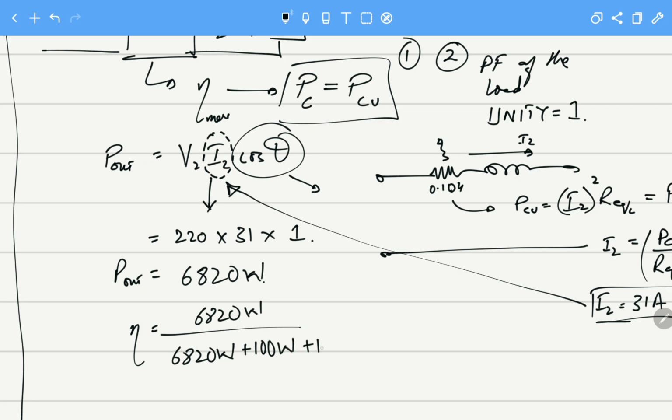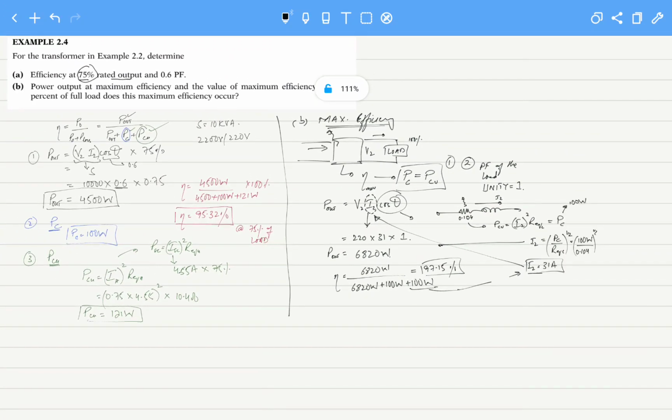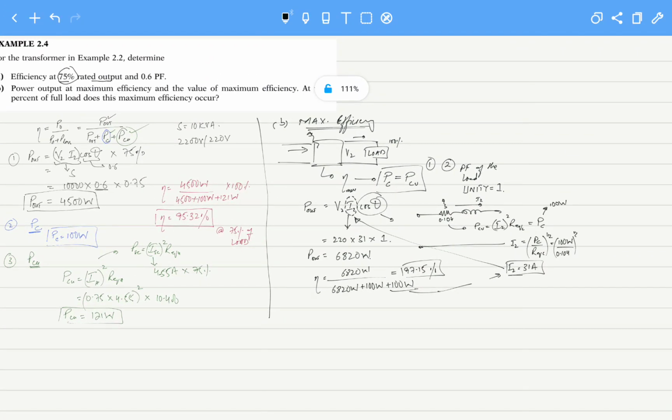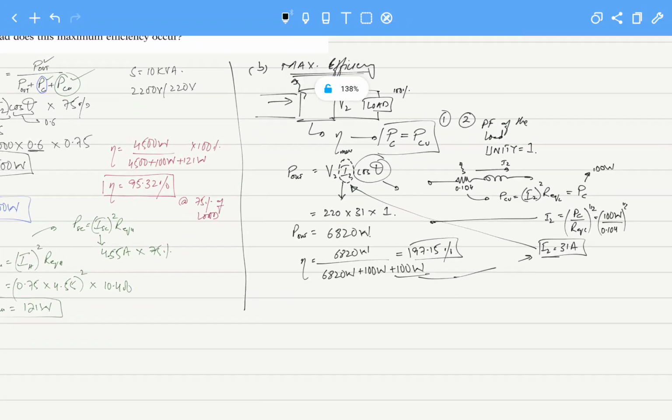Core loss is 100 watts, and copper loss is also 100 watts. Why is this 100 watts? We have calculated the current at which it will be 100 watts. And this becomes 97.15%. So this is 97.15%.